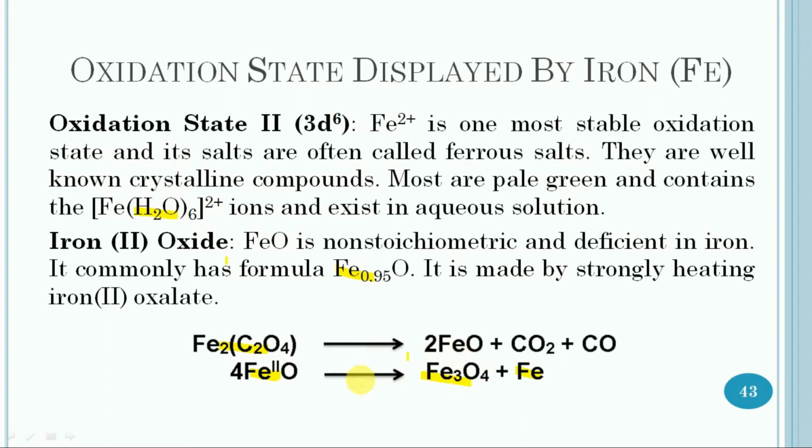The stoichiometric iron oxide has been prepared from Fe0.95O and iron at 10^5 Kelvin and 50 atmospheric pressure.